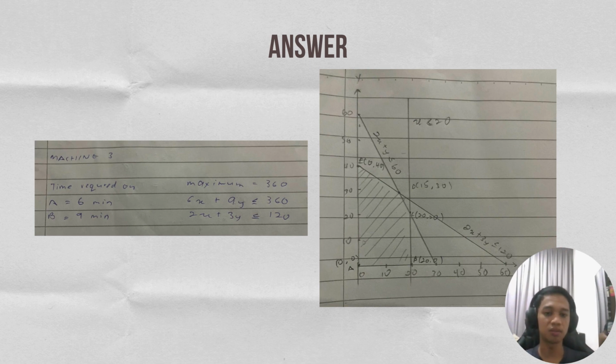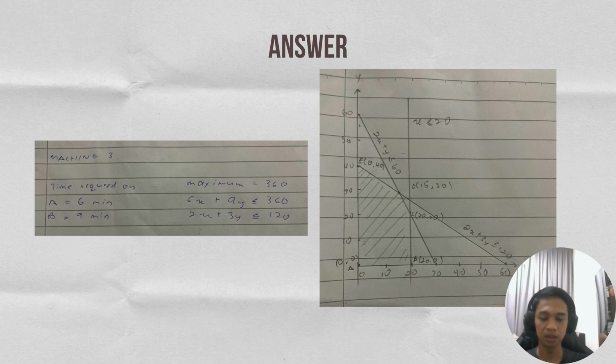So from the three lines, we can find the feasible region, the marked part for the answer, and that is A, B, C, D, and E. So there are 5 points from the lines.